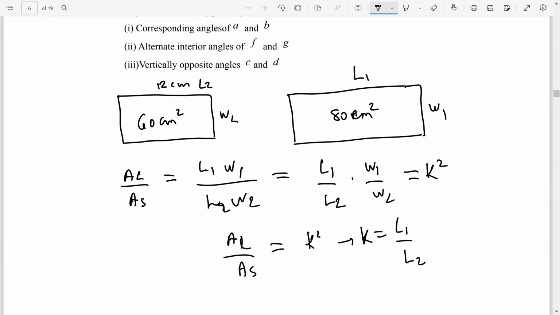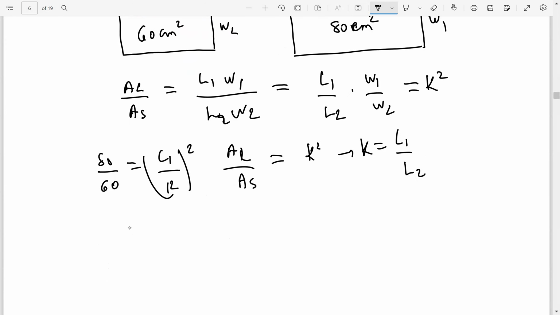So because we are looking for the length of the smaller triangle, I'm going to take now 80 over 60 equals to L1 over L2 square. But L1 is not given, L2 is already given, it is 12 centimeter.